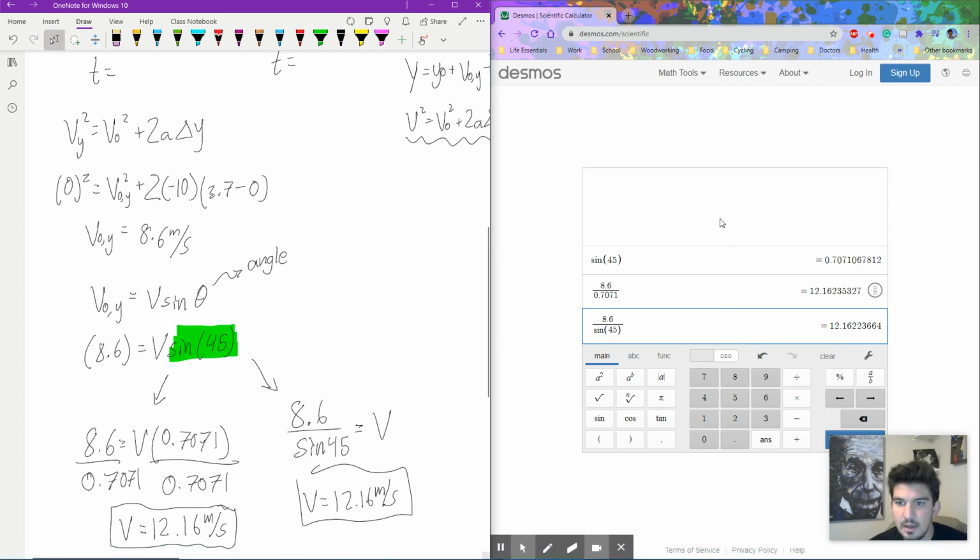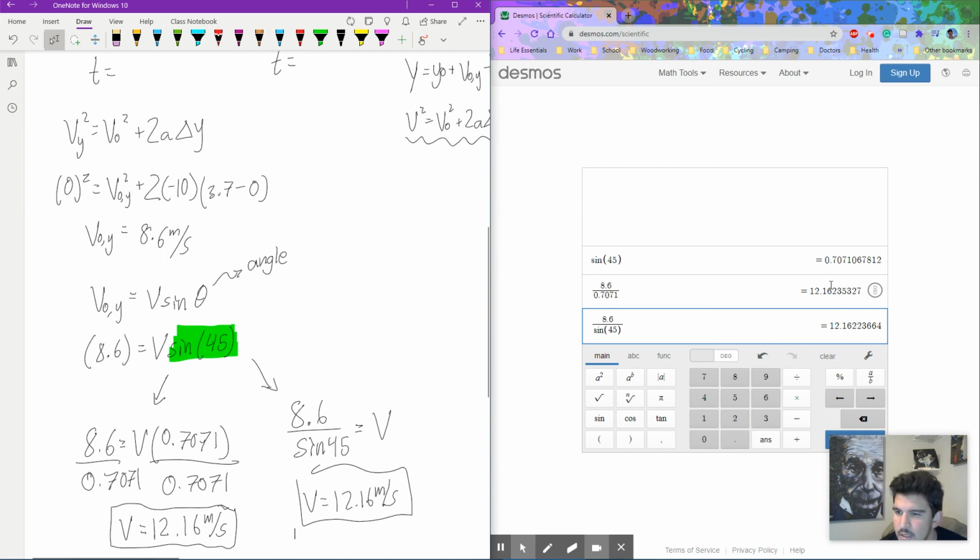So that's a helpful tip to know. If you notice, if I go about route number 1, I have to punch sine 45 into my calculator, and then I have to punch 8.6 divided by 0.7071 into my calculator. But if I take approach number 2, I just have to do 8.6 divided by sine 45, and I get the exact same answer. Okay.